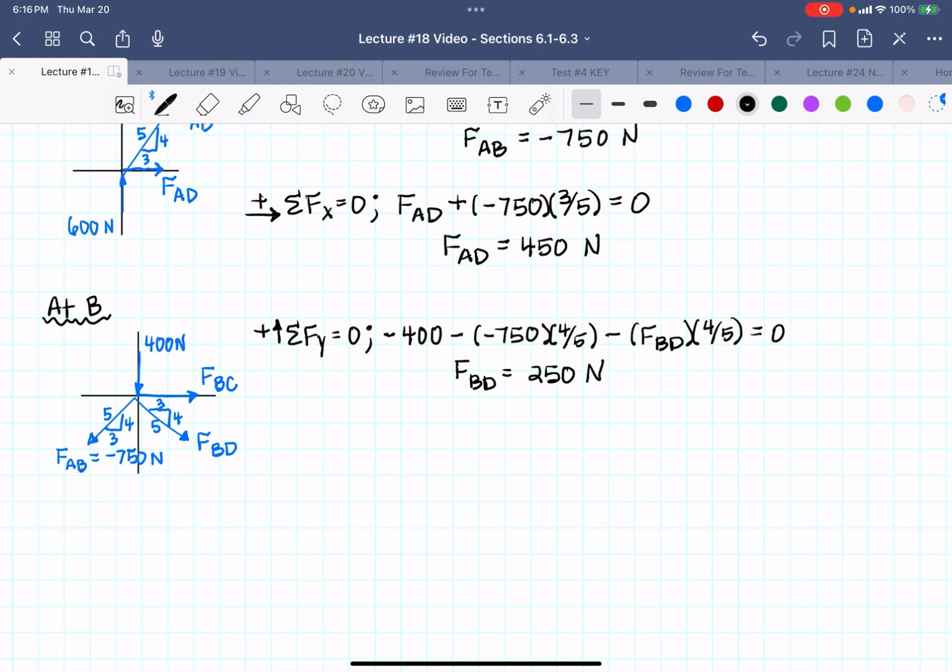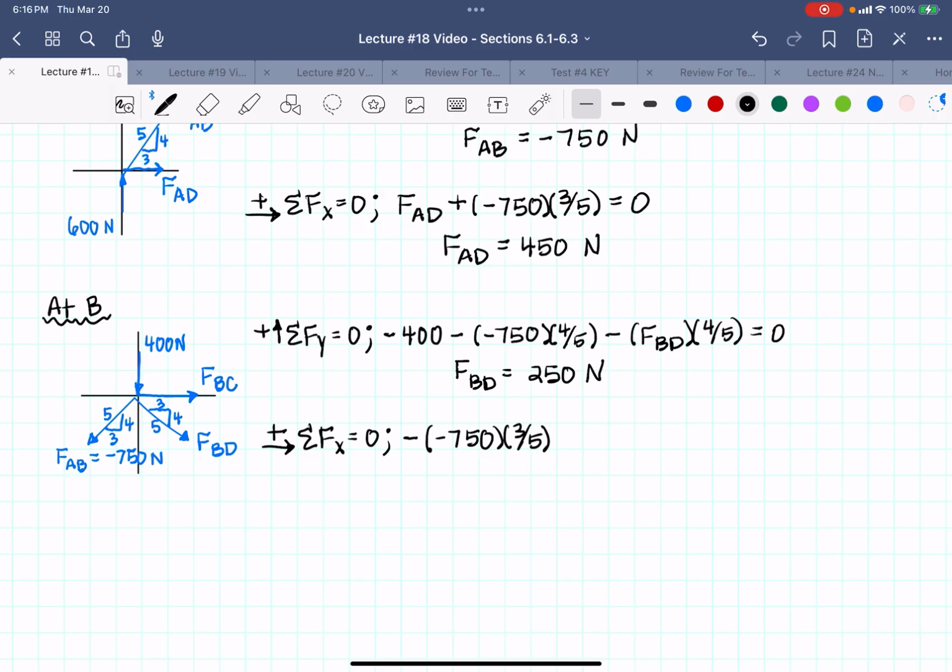So now that I know FBD, I can do the sum of the forces in the X direction equals 0. I know that FAB, I assumed negative, and it is negative also. So negative 750 times 3 over 5.